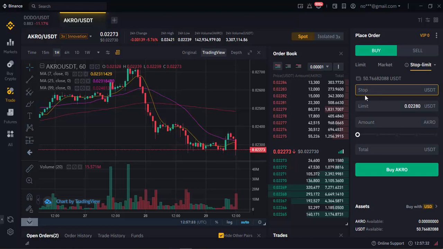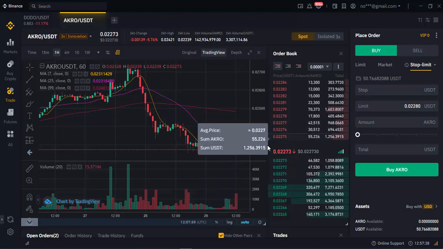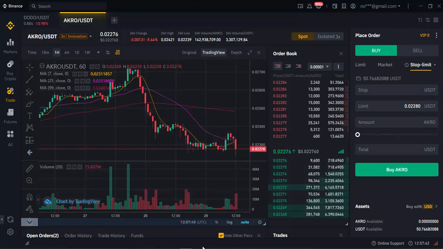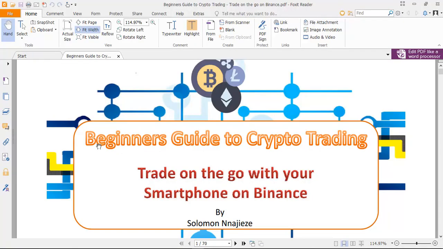I have a little ebook written on Binance Crypto for Beginners. I'll go ahead and open it up. This is a beginner's guide to crypto trading. Trade on the go with your smartphone on Binance. Though I made this, the practical here is mainly on the smartphone, but if you master this, you can trade on the laptop.